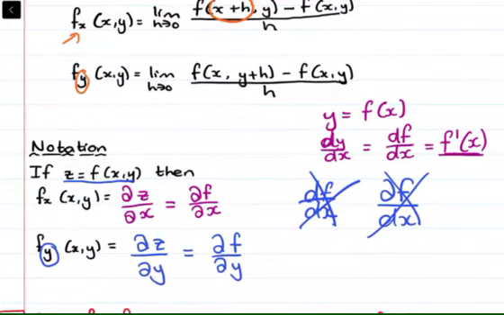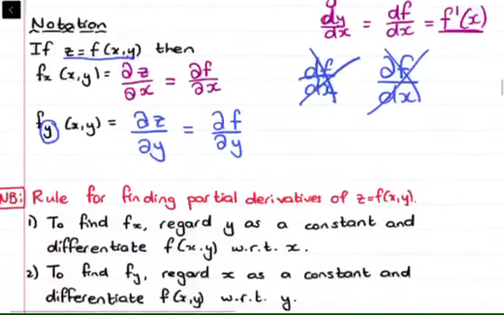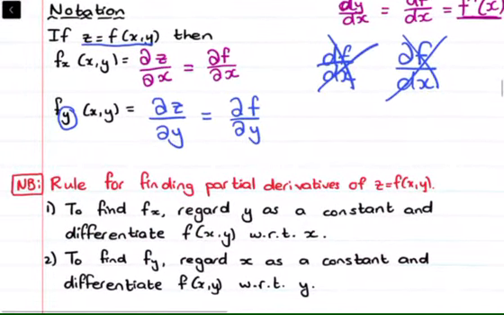It speaks volumes here. Okay, so then there is actually a rule that we use to find these partial derivatives for such a function. So look at it. I put it as NB, meaning that it is very, very important. So to find the partial derivative with respect to x, you regard y as a constant, and then you differentiate the whole function. WRT means with respect to x.